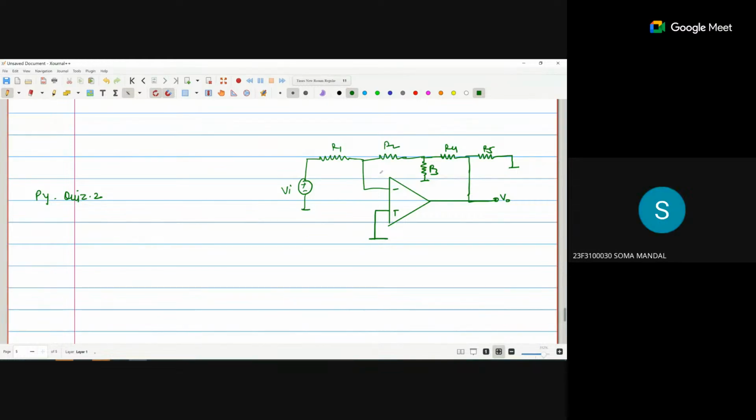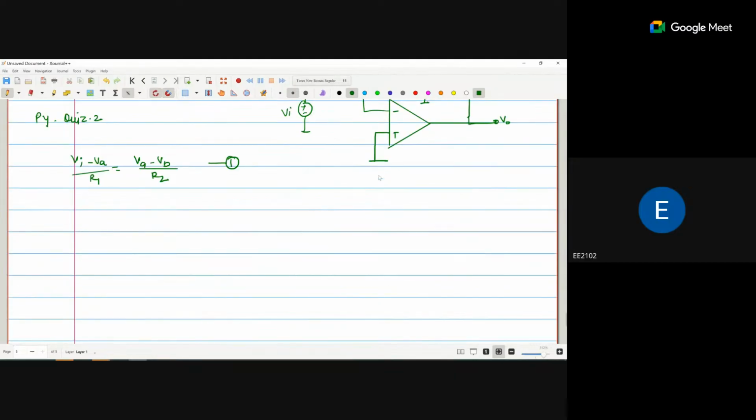Okay, I will calculate. Just assume this is VA. This point is VB. So apply the KCL. The current that is coming in will be going out. So (VI minus VA) by R1 is equal to (VA minus VB) divided by R2. This is the one equation.